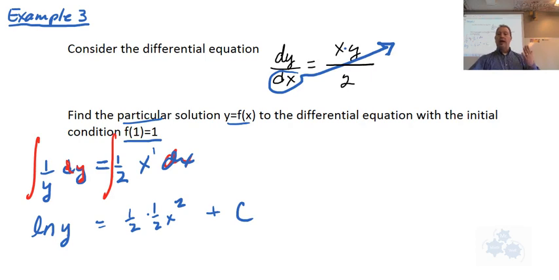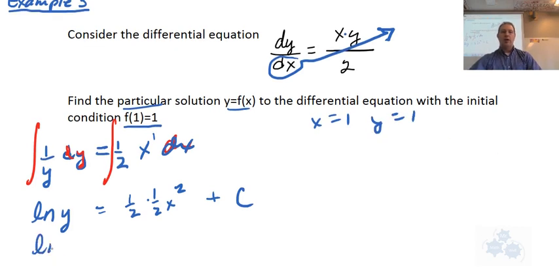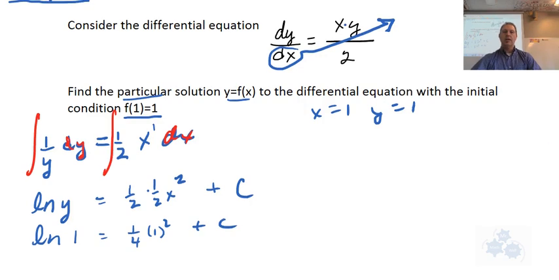So, do I go ahead and solve for y now, or should I solve for c first? C first. Good. So we've got x equals 1 and y equals 1. And so let's do that real quick. Now, ln of 1 equals 1/4 times 1 squared plus c. So our c is going to be negative 1/4.